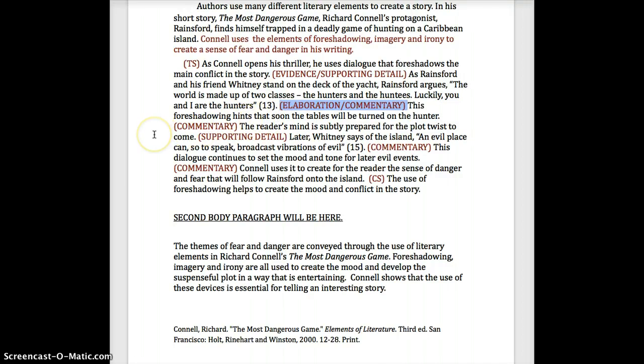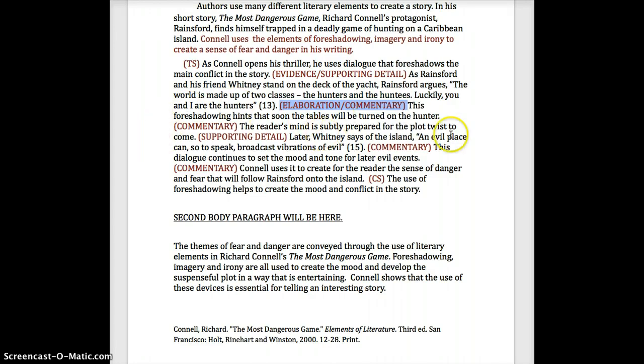These are sentences of analysis, evaluation, explanation. They're not further examples. The commentary needs to be analysis and why that particular example is important, explaining what it means when you have this example of foreshadowing.